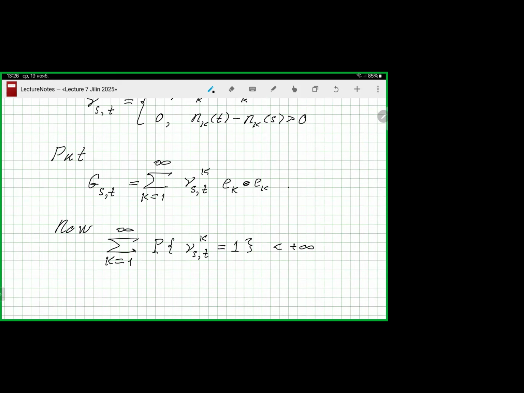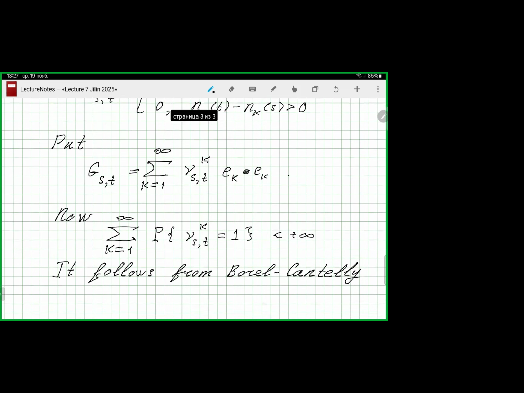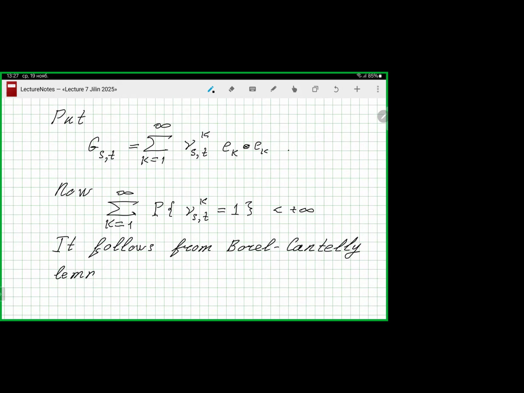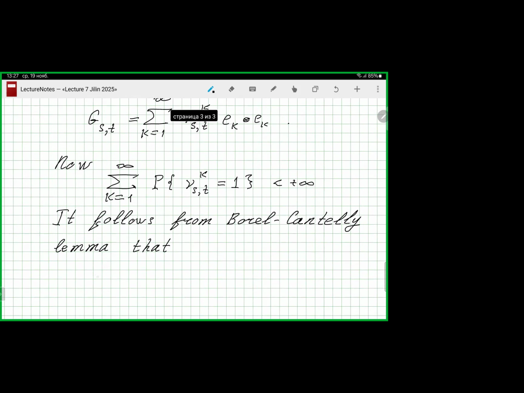Then it follows from the Borel-Cantelli lemma that J_{s,t} is finite dimensional with probability 1.